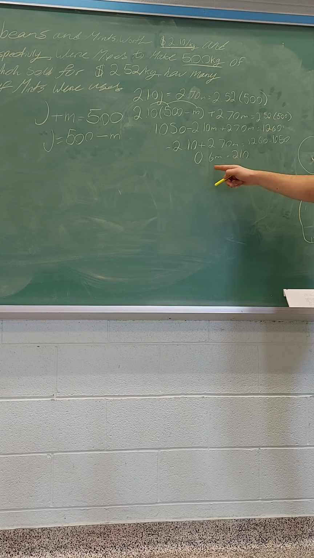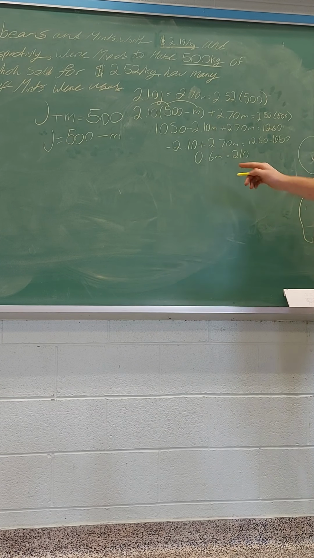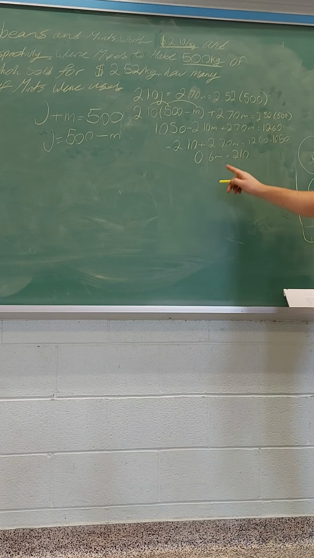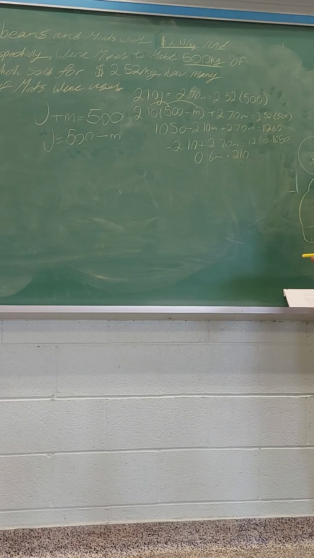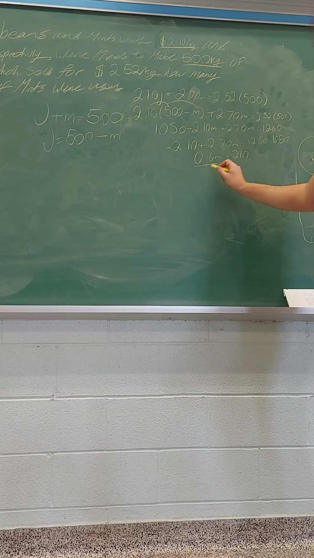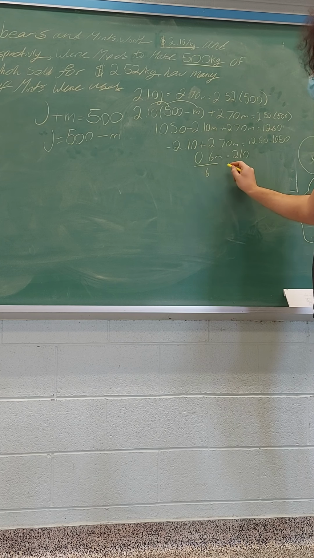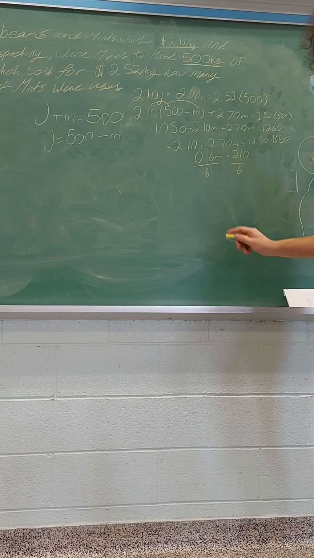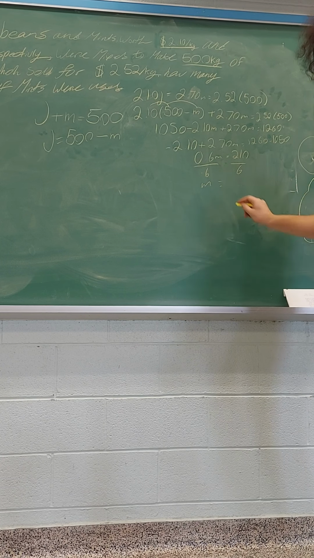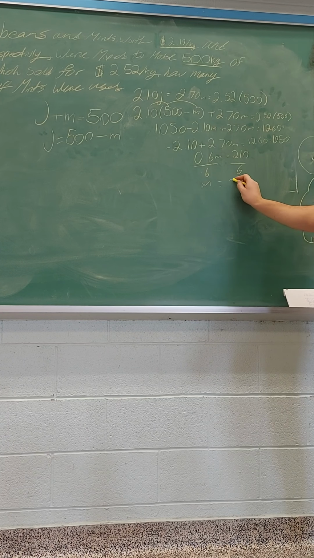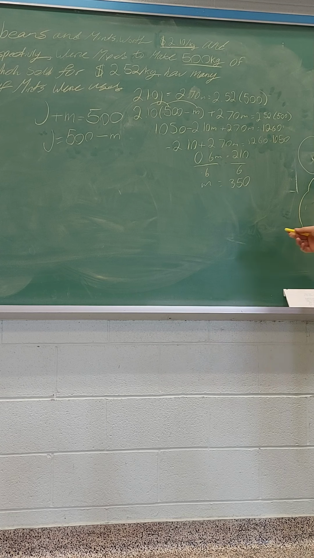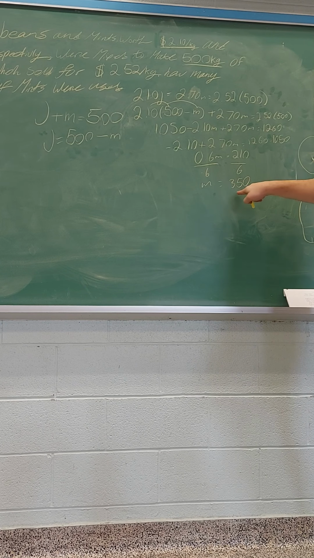Now we need to isolate the M. To isolate the M, we need to do the same thing to both sides, so you divide everything by 0.6. That becomes M, and the other side becomes 350, because you're dividing by a decimal. So the mints equal 350.